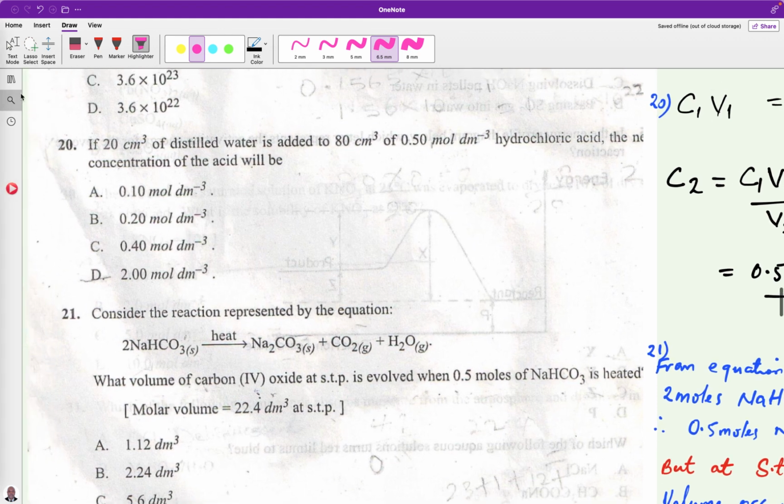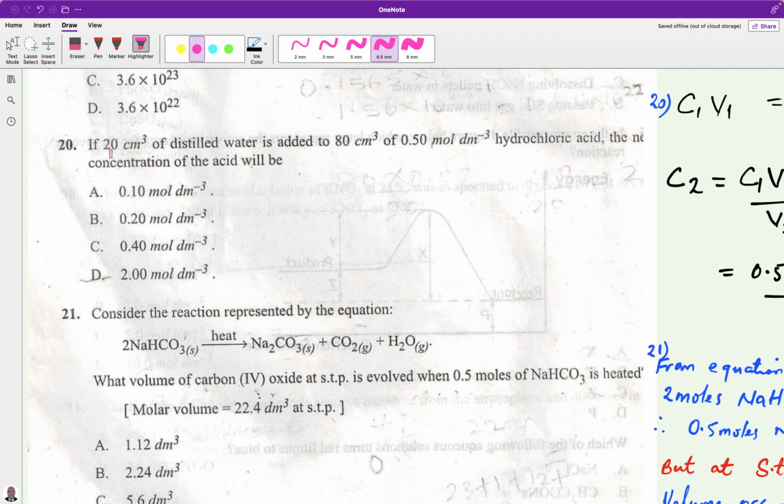Okay, remember, this is the initial volume, and this is the initial concentration of the acid. When we now dilute it with 20 cm³, this will be the second volume.